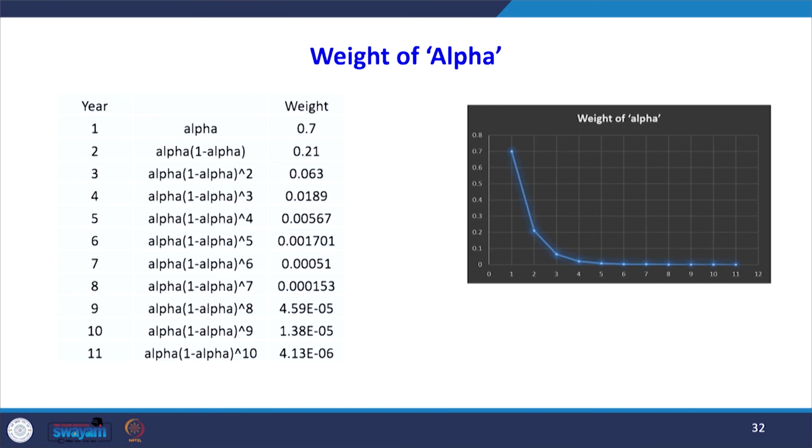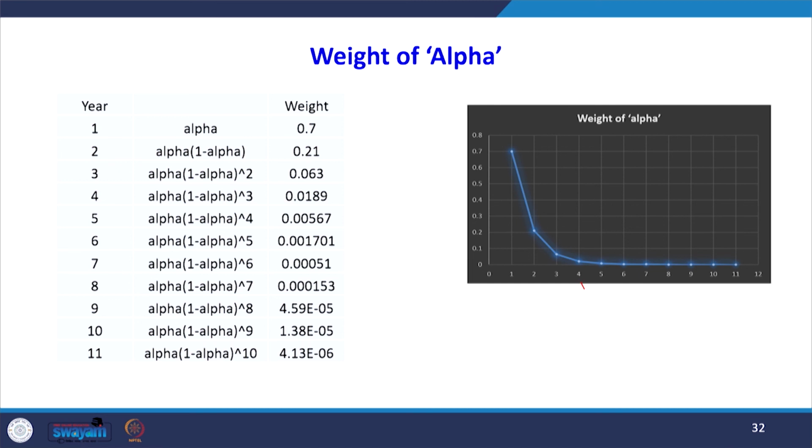But you see the example if I take a higher value of alpha. So, what will happen? It takes the first 4 previous data points with more weight. Beyond that, for example the 5th year, 6th year, the weight is almost 0. So, this is how the exponential curve or the weightage for alpha decreases for a smaller value of alpha and a larger value of alpha.